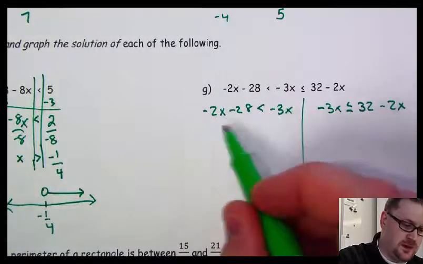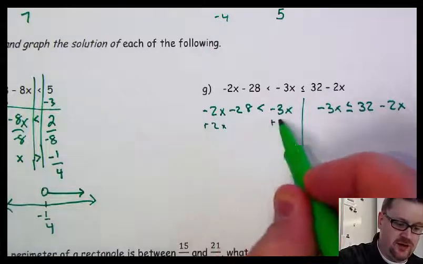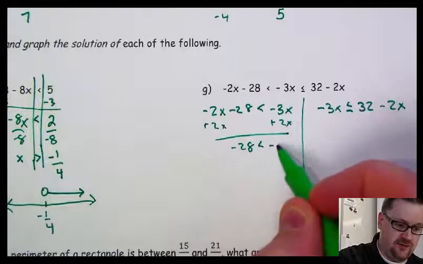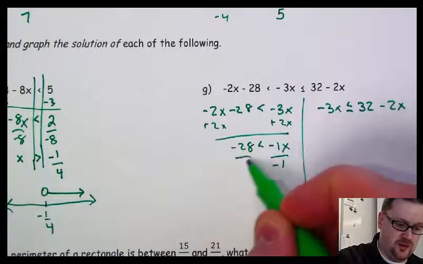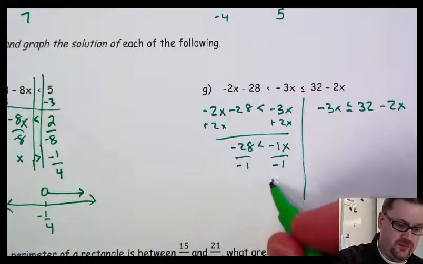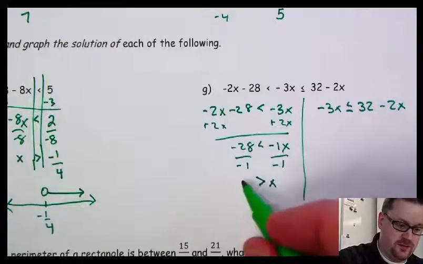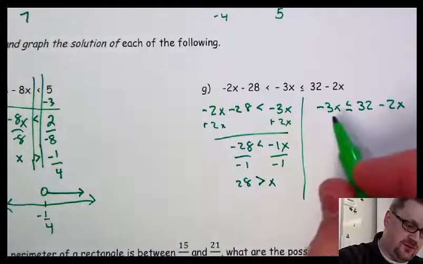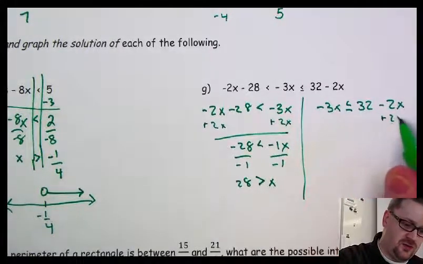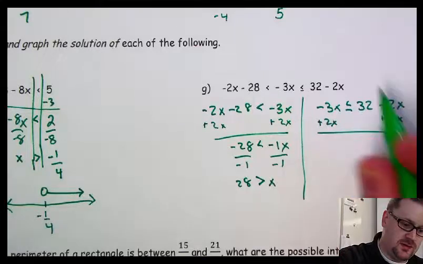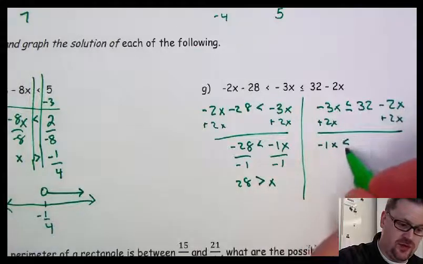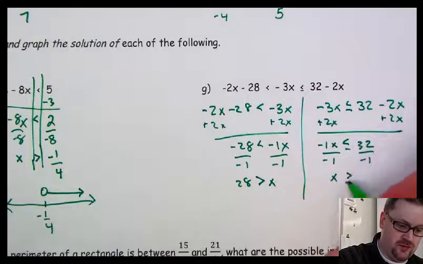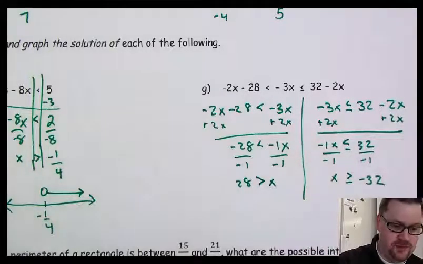So I would add 2x to both sides, get -28 is less than -1x, divide by -1, flip the symbol, so x is less than 28, and do the same thing here. Let's add 2x to both sides, and get -1x is less than or equal to 32, divide by -1 so that x is greater than or equal to -32.